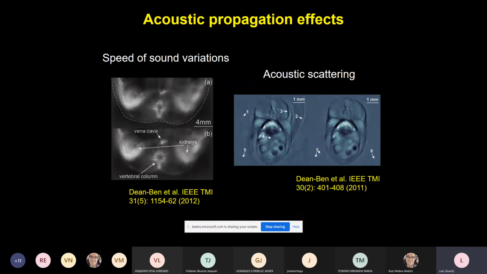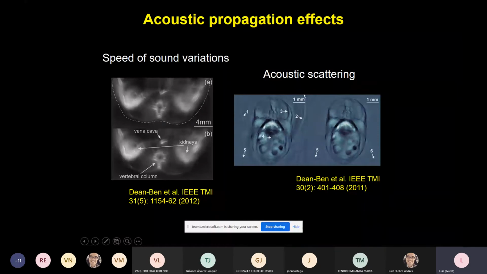What you see on the left-hand side is a modification of the algorithm to take into account that the speed of sound inside the tissue is not uniform, and it's not the same as in water, which is the coupling medium between the tissue and the transducer. When we consider a uniform speed of sound, the speed of sound of water, the image on the top is very much distorted. But when we take into account the different speed of sound in the tissue, we have better defined structures like the spinal cord here and the vena cava.